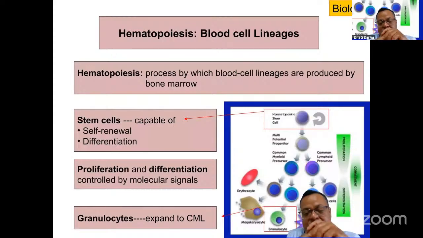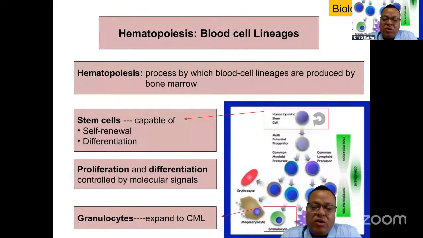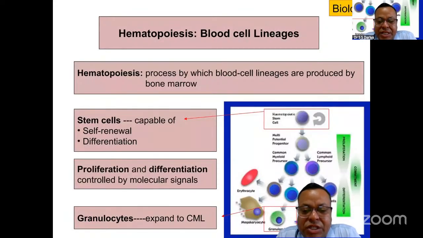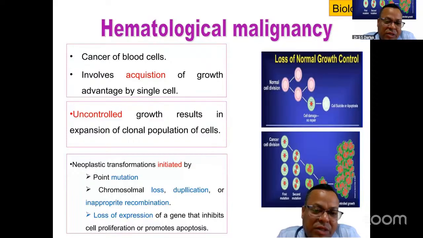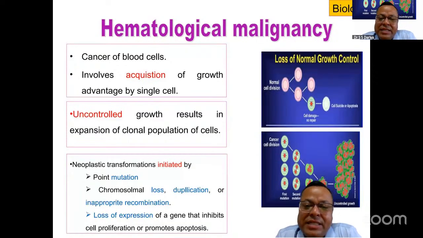And if these molecular signals change, then there is an expansion of the malignancy. So granulocytes will expand into CML. In hematological malignancy, we know there is acquisition of growth advantage by a single cell lineage, and the uncontrolled growth results in expansion of that particular clonal population.